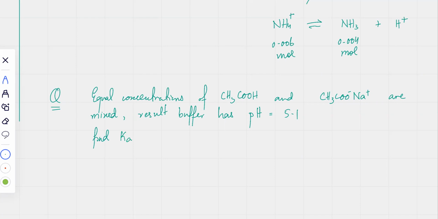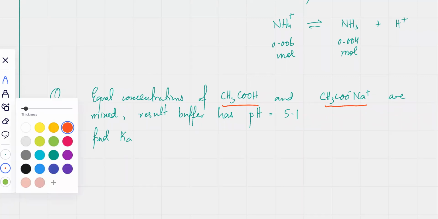So we know that this is the weak acid and you've got a conjugate base as well.